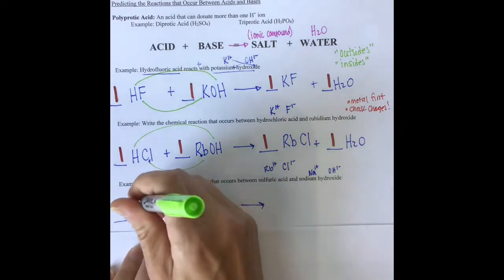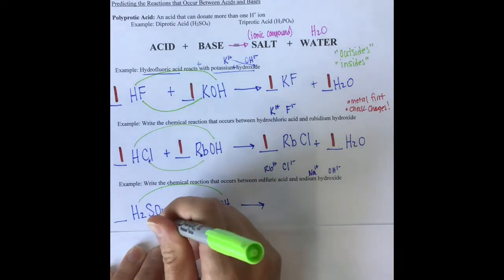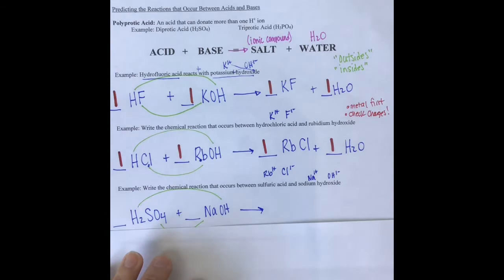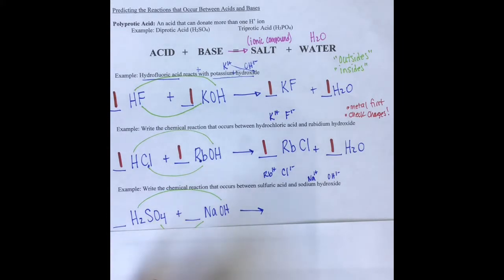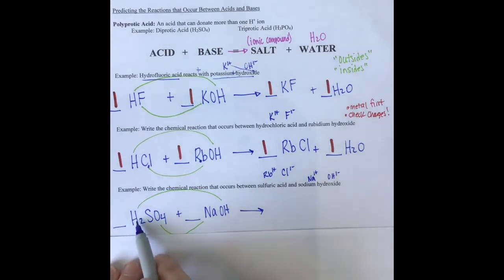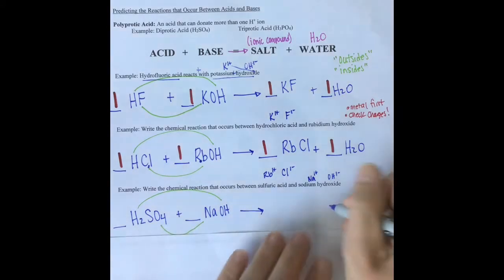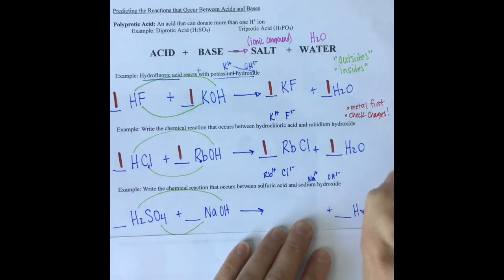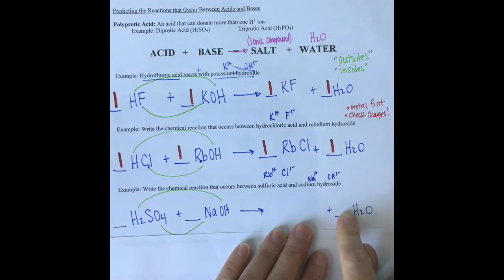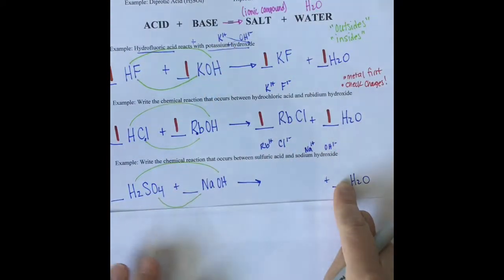All right, we're going to do our outsides, insides. The outside is still going to make water. We have some extra hydrogens pairing with hydroxides. We're still making the compound water, but we will have to figure out how many waters when we go through and do our balancing later.